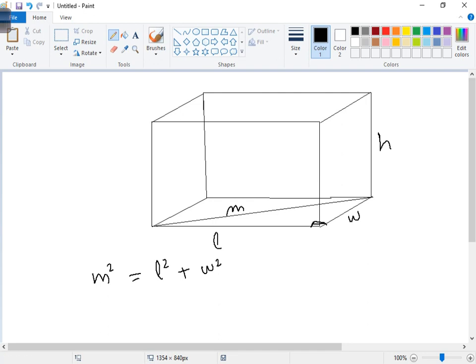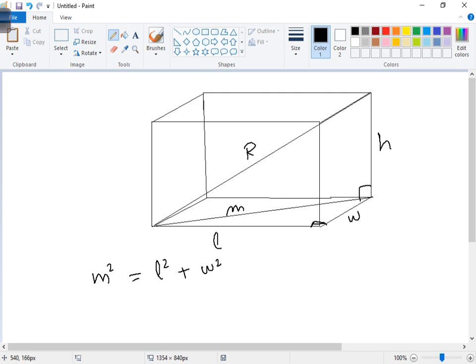Now sometimes I ask you, what is the longest line in this cuboid? That line is the one from here up to here. We realize that the angle between H and the plane of the base is a right angle, so this triangle is a right angle triangle.